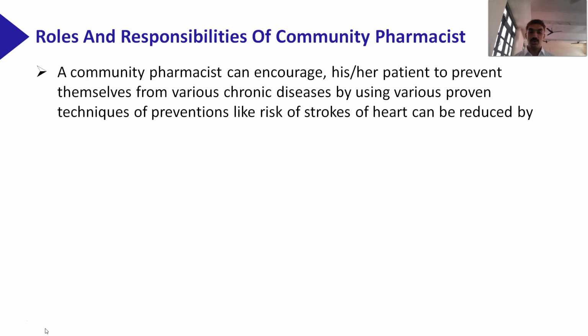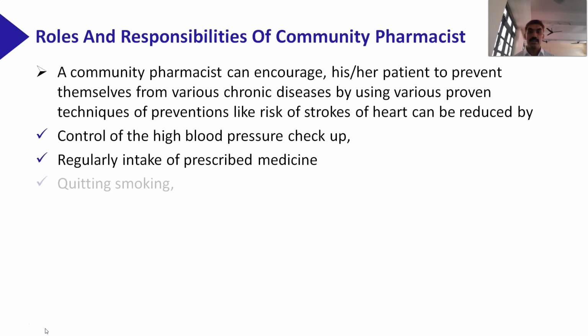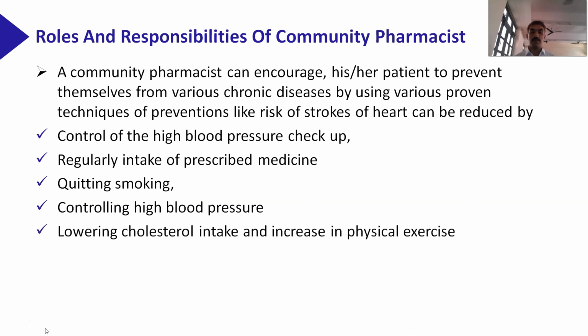The risk of strokes and heart disease can be reduced by proper counseling, by control of high blood pressure, checkups, screening the patients, regular intake of prescribed medications without deviating from the prescriptions, and by stressing medication adherence, quitting unwanted habits like drug abuse and smoking, controlling high blood pressure by proper screening, and advising patients about the importance of drug therapy, lowering cholesterol intake, and increasing physical activity.